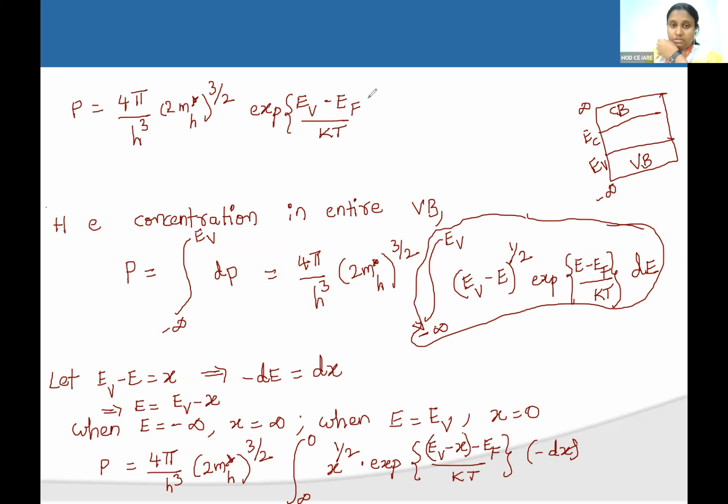Now what value is there for integration?